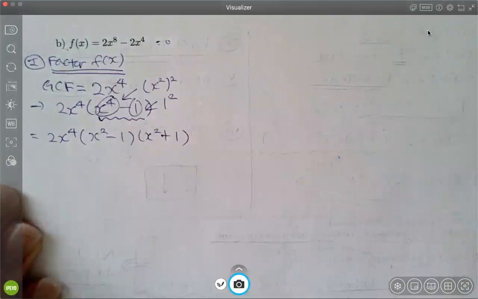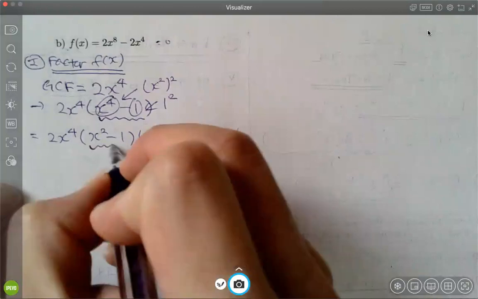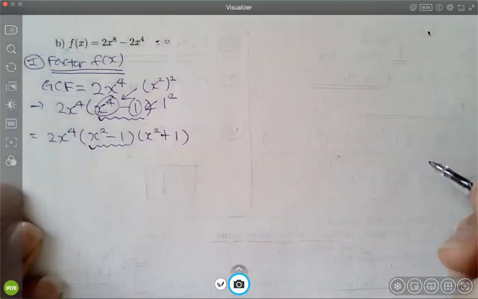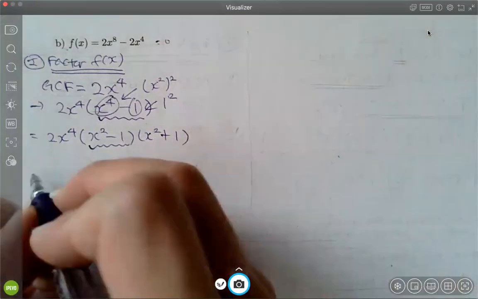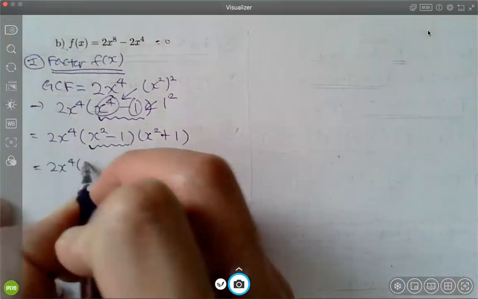And now, is that it for the factoring? And the answer is not really. Why not? Because what can be factored further? That. Okay, which is another difference of squares, right? So we have 2x to the fourth times x minus 1, x plus 1.